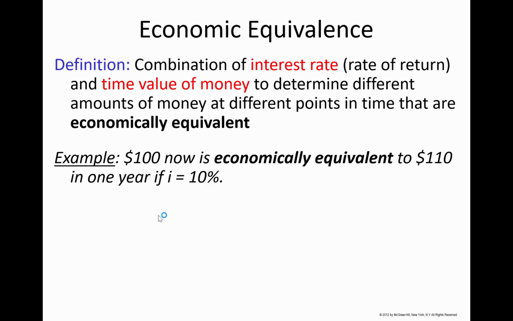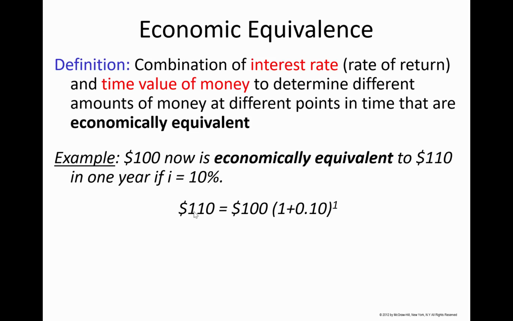And so, if we looked at it as an equation, we're saying 110 equals 100 if the 100 is being multiplied by the interest rate and the number of years over which that interest is compounding. So here, 1 plus i to the n power.